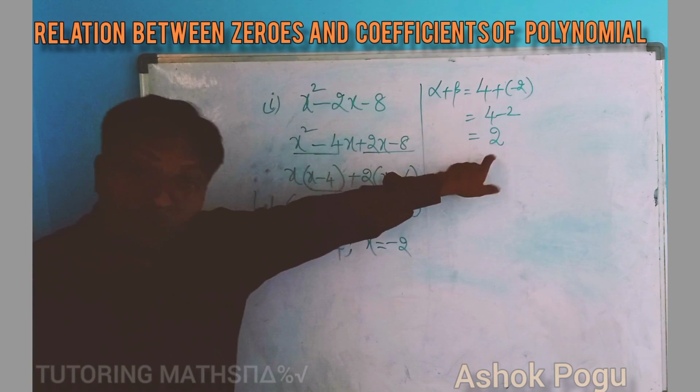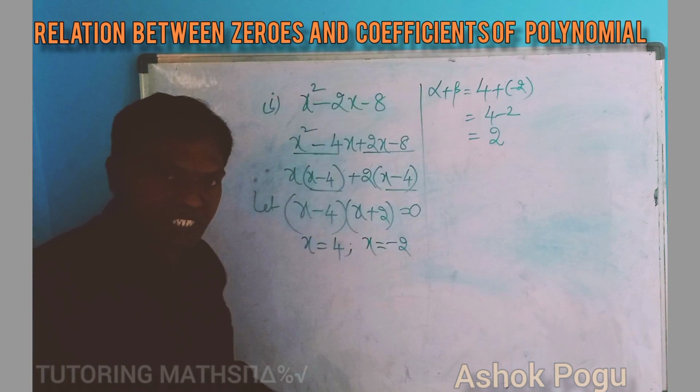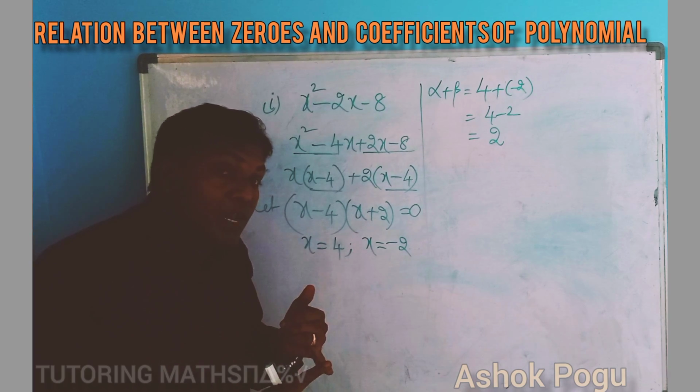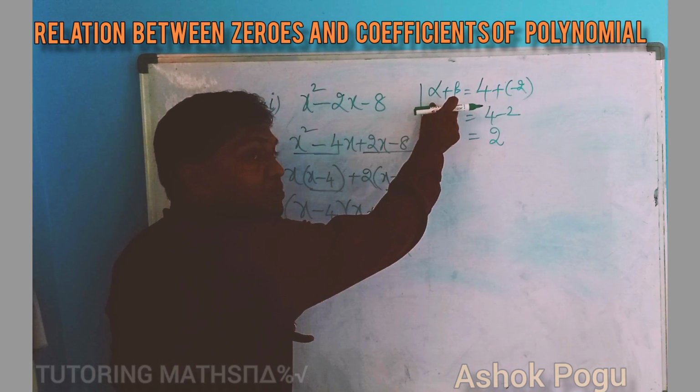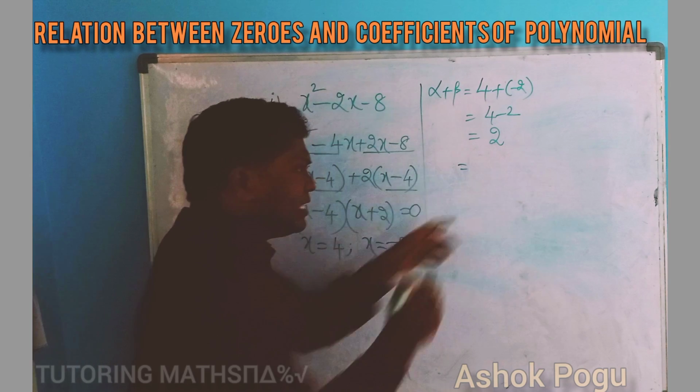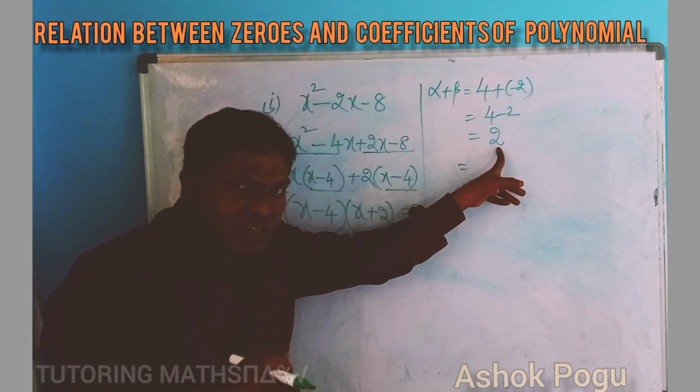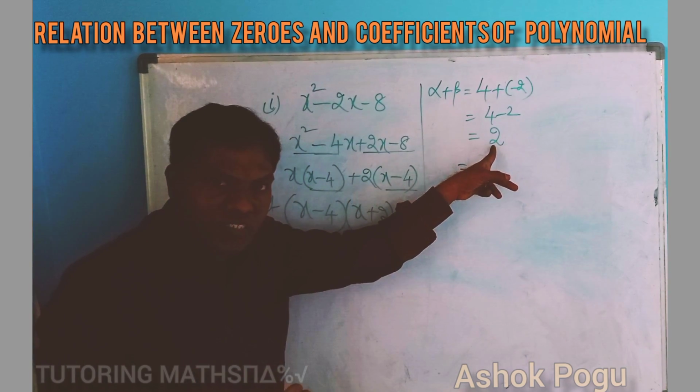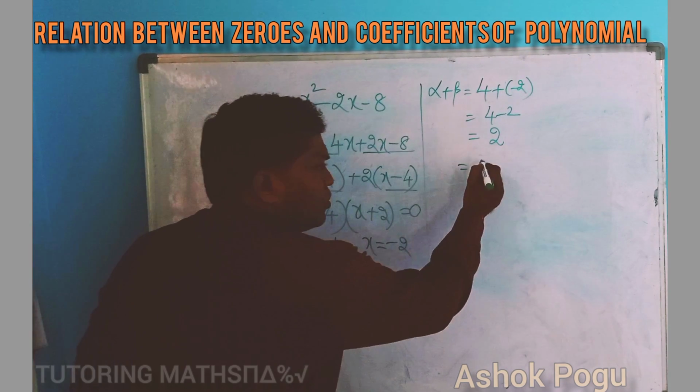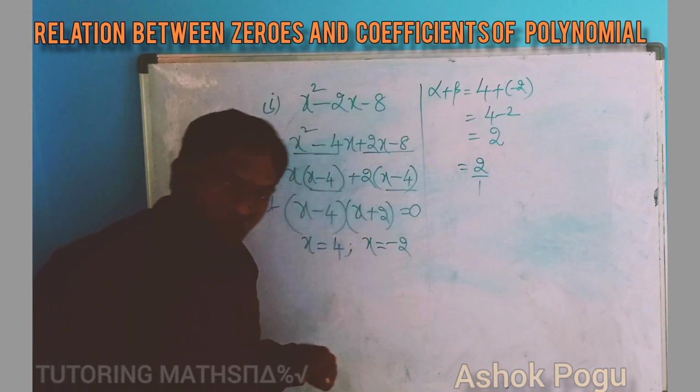We have got 2 as the sum of these zeros. But according to the formula, what would be the sum? The sum should be equal. Here, is there any denominator? No, it is not a fraction, so you take it as 2 by 1.